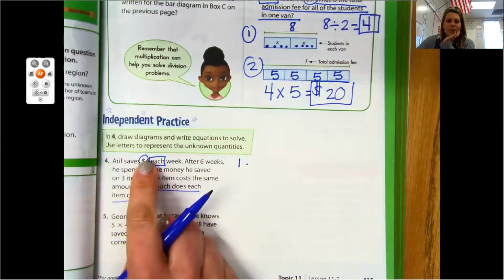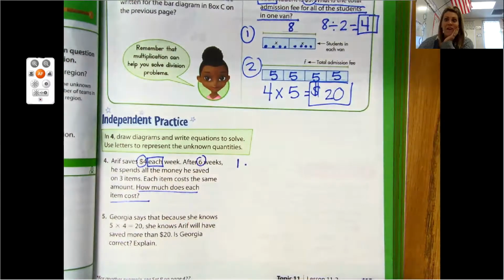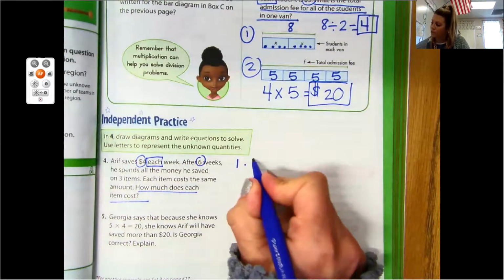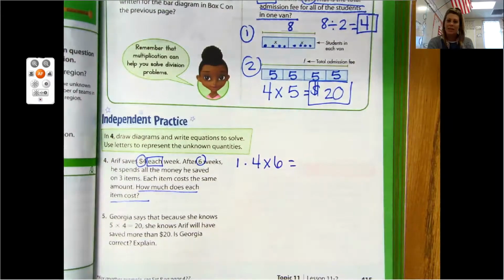So $4 each week for how many weeks? For 6 weeks. So what's our first step going to be? Go ahead and write it down. What do you think? We're going to multiply his $4 times that 6 weeks. And what does 4 times 6 equal?